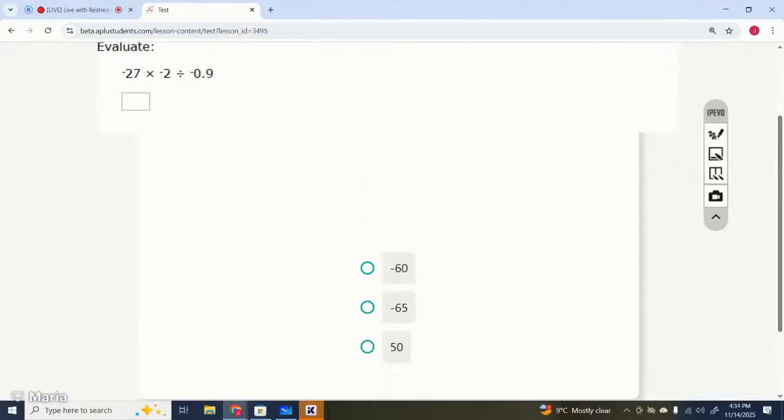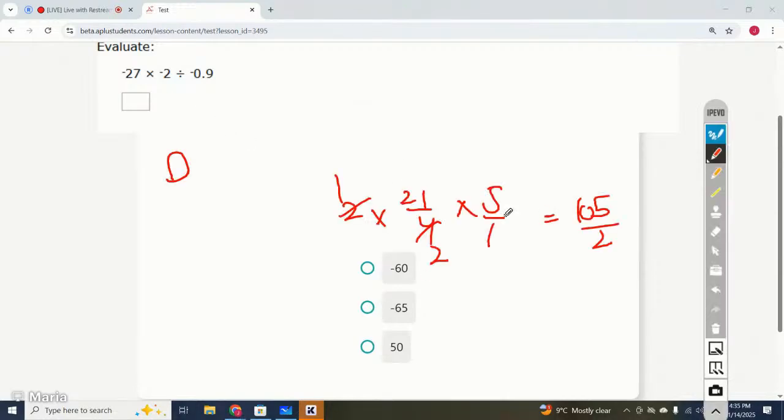Negative 27 multiplied by negative 2 divided by negative 0.9. So we have to divide first, right?